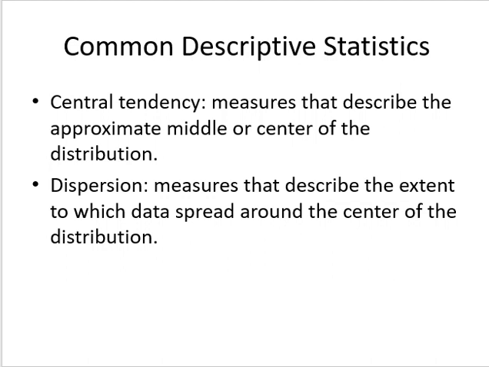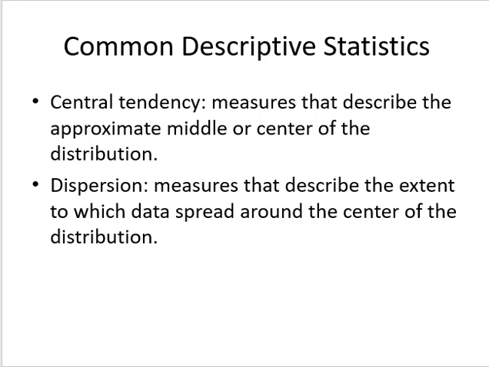Values or statistics which come under central tendency tell you about the middle of the data. Where is the middle of the data? The data is centering around what? What is the center of the data? Dispersion. The statistics or values of dispersion tell you about the variation in the data from the center. How far are the values from the center?